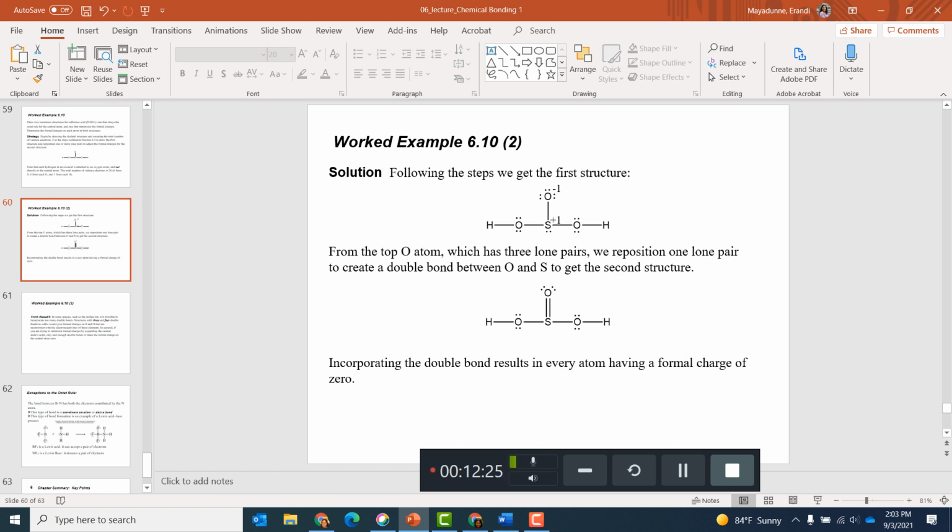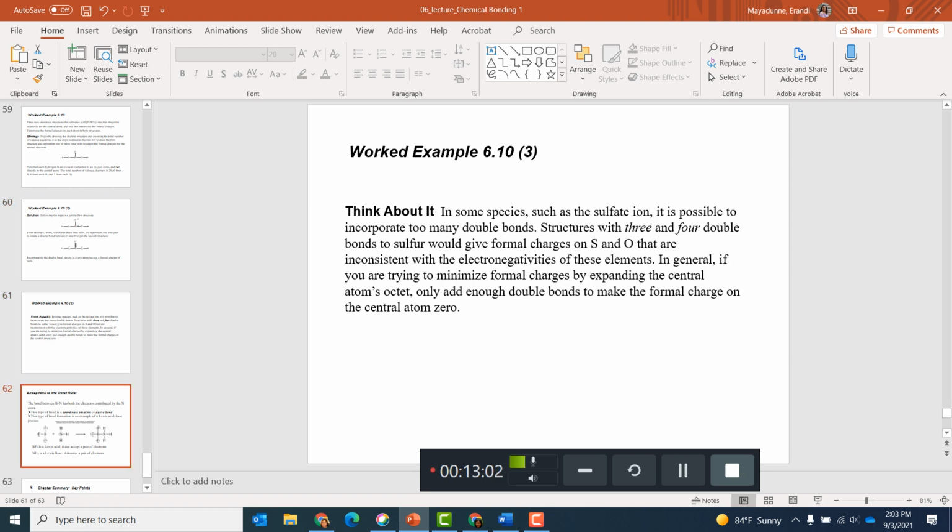In order to find the formal charge, it's 6 electrons here, 2 non-bonding electrons, so 6 minus 2 is 4. And then here you always have 6 bonding electrons, half is 3. So it's 4 minus 3, it's +1. Again, I'm explaining: 6 valence electrons, minus 2 is 4. Now you have 4, and then half of the bonding 6 is 3, 4 minus 3 is plus 1. That's how we find the formal charge.